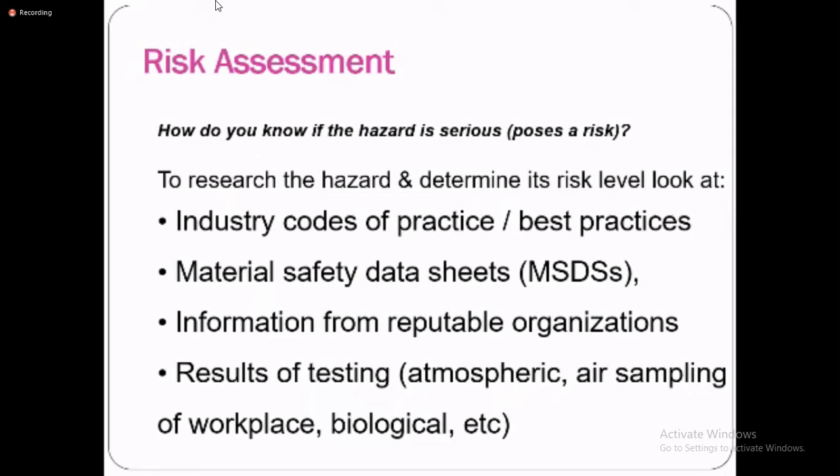And material safety data sheets we have already highlighted. Nowadays we call them SDS, safety data sheets. Information from reputable organizations also. You can get the information from a reputable organization, then you know exactly how serious that particular hazard is. For example, in one of my previous organizations, we wanted to bring in a different type of ink.